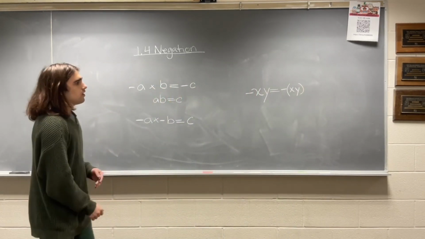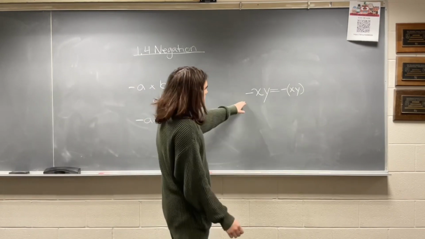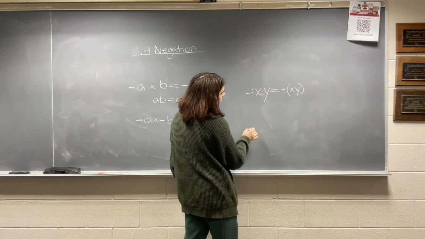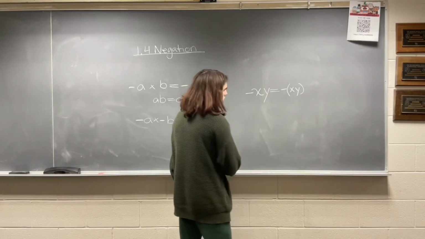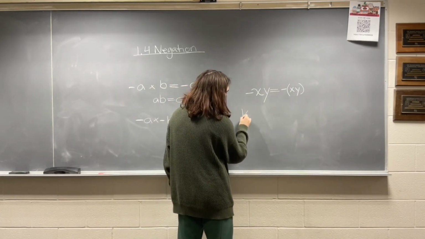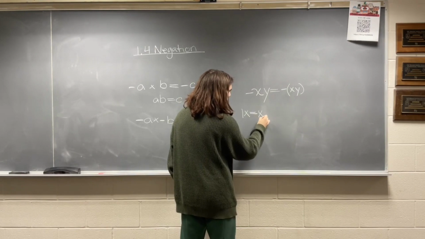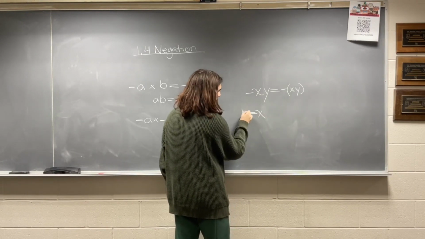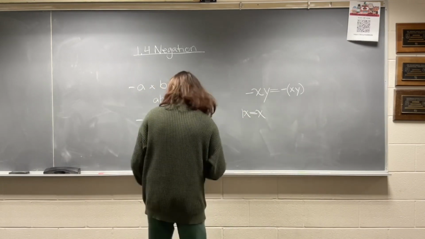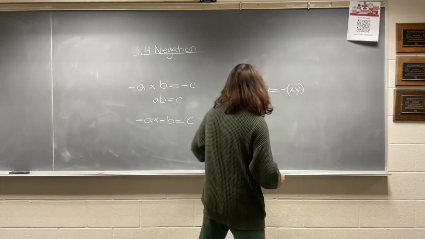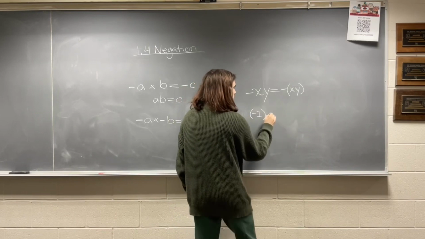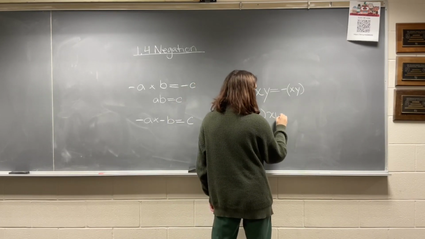Right? Well, let's go ahead and take a look at this. We're going to be having some negative right here, and we remember that all numbers times 1 are going to be equal to that number, so 1x is actually equal to x. I'm going to draw the curvy x so that you don't get confused with the multiplication symbol. So we know that 1x is equal to x. What we can actually change this into is negative 1 times x times y.